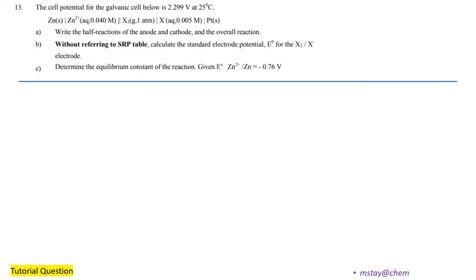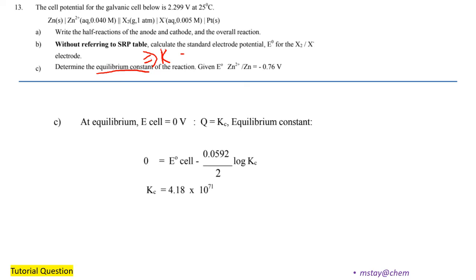Continue with question C. Determine the equilibrium constant of the reaction. As we mentioned in the previous slide, if we want to determine the equilibrium constant, it refers to K. K means that equilibrium has already been achieved. So at equilibrium, E cell will equal 0 and Q will equal Kc.